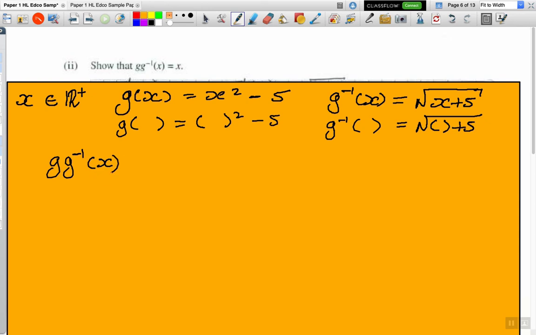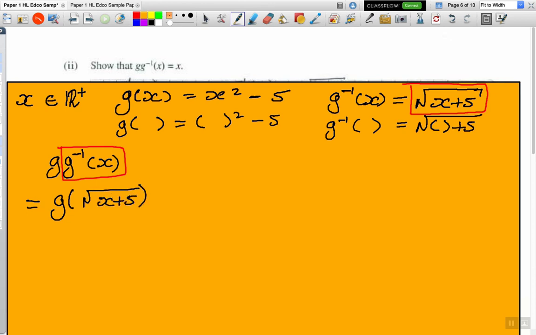So the first thing you've got to work out is this bit, because this is the bit where the function is on the x. And we know what that answer is straight away, because it's up here. So therefore we're going to be replacing that red box by the red box up in the top right hand corner. So this now becomes g of the square root of x + 5.